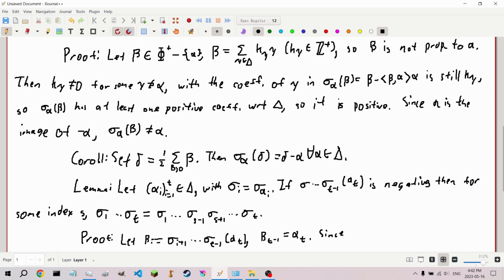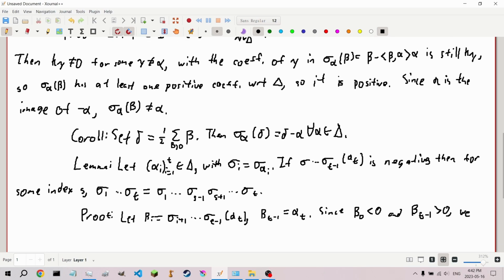Since beta 0 is negative from above, and beta t minus 1 is positive, we can find a smallest s such that beta s is positive.